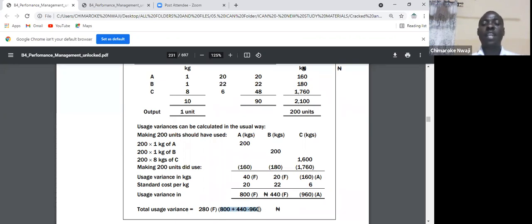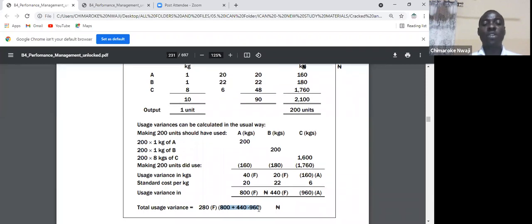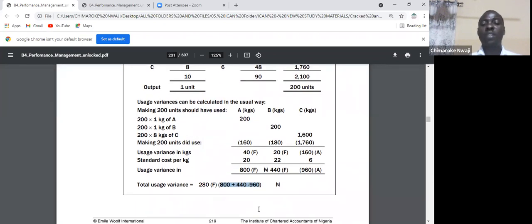If the resulting answer is negative, you have an adverse variance. But the answer is 280 favorable. So it means your overall total usage variance is 280 favorable. So that's how to do material usage variance.